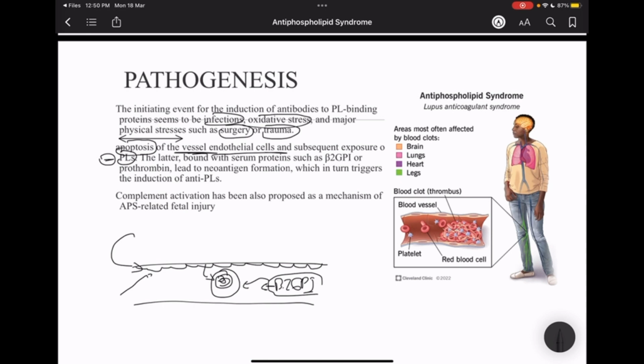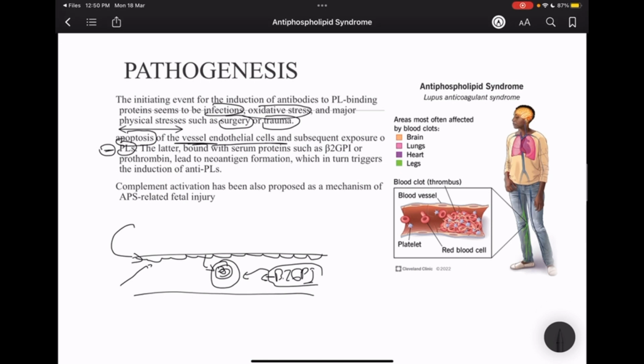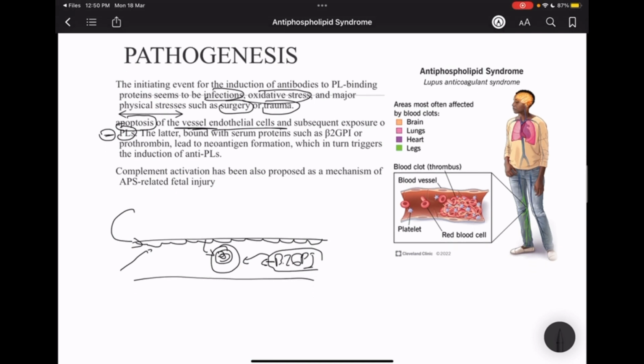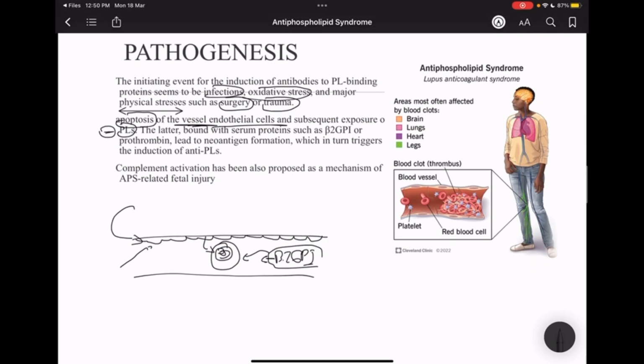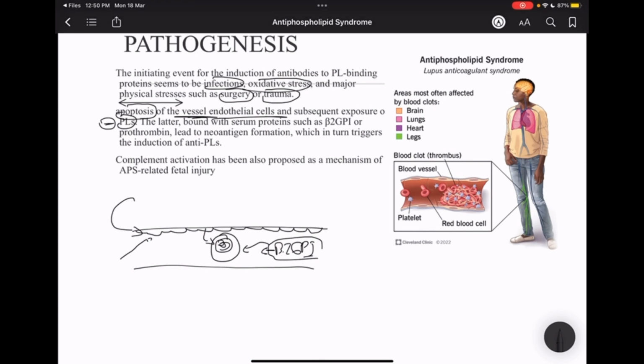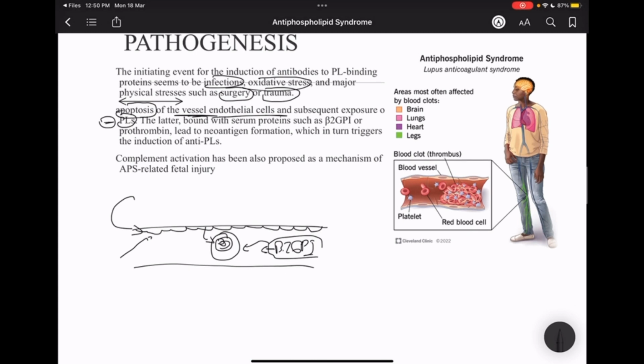As I said before, domain 5 has a positive charge, so it can easily interact with the phospholipid. And because of that, we now have the phospholipid-beta-2 glycoprotein complex.